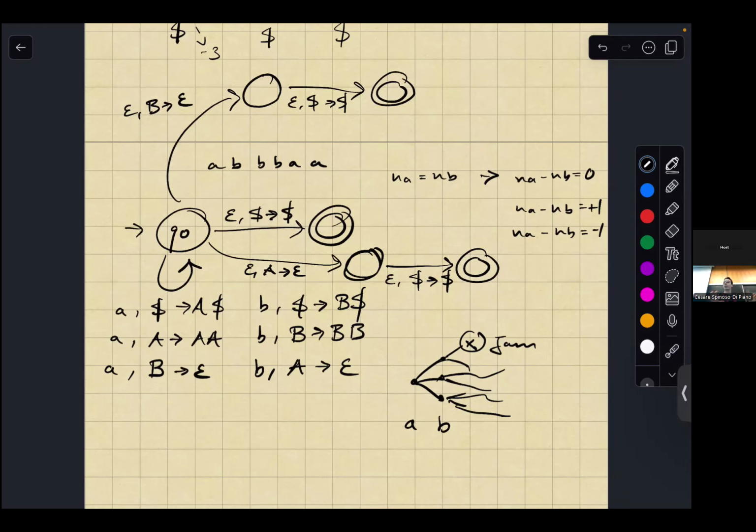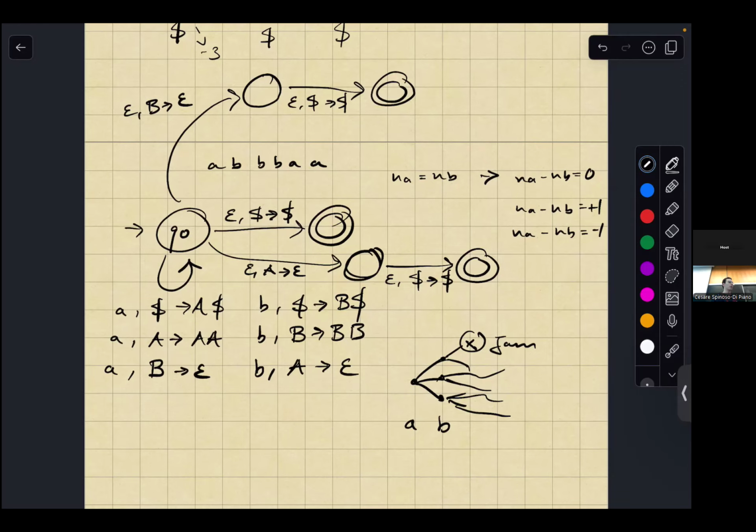I just don't know it off the top of my head. But in general, if you're asked to design a PDA, just think of the acceptance condition that's easiest to work with. In this case, this seems pretty intuitive to me.